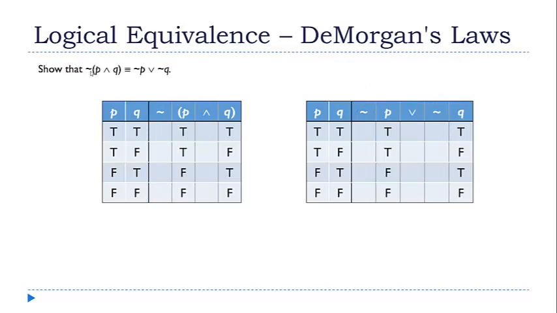So let's take a look at an example where you actually sort of can distribute a negative. This is a very well-known equivalence. It's one of what are called De Morgan's laws, named after a very famous early researcher in the field of logic.